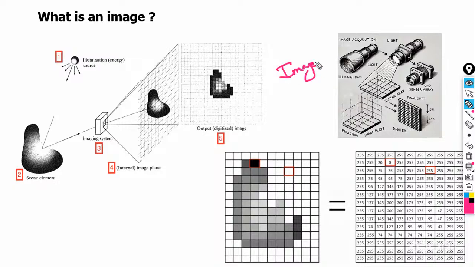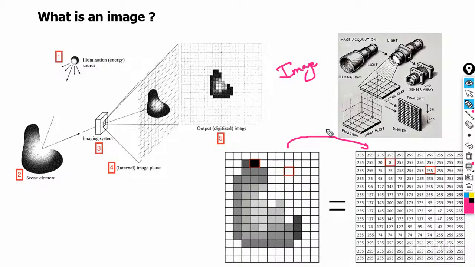What exactly is an image? An image is nothing but a collection of pixels. If you have an image, I'm going to represent the same image in the form of a grid, a table, in which I represent the image with numbers, and these numbers are talking about color information. They are nothing but pixels.